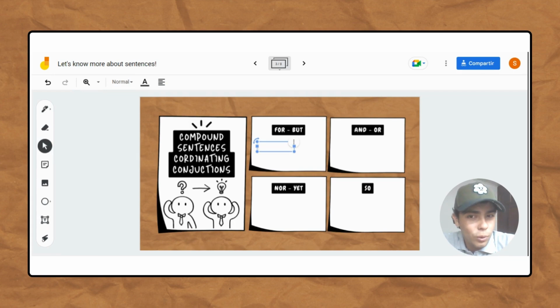I want you to see how creative you are in writing compound sentences with these coordinating conjunctions. And the last one that I told you is going to be here is so.